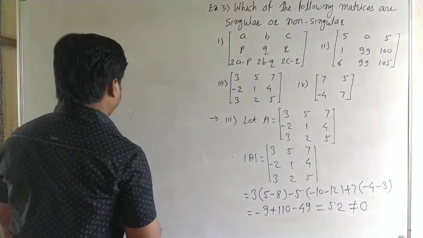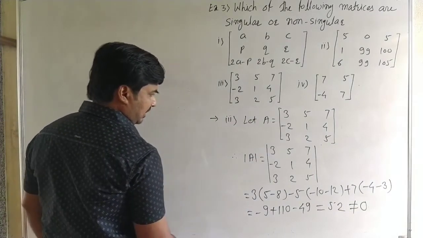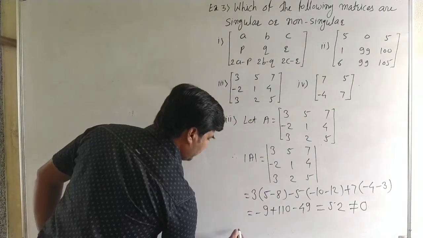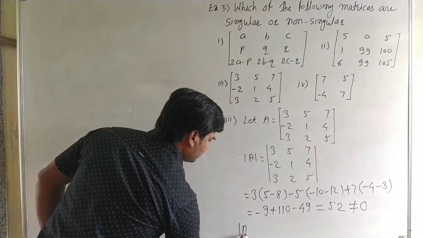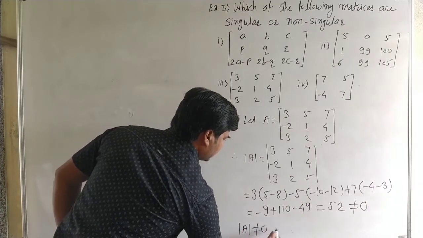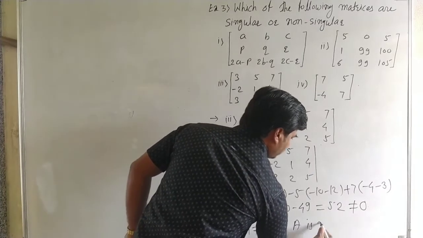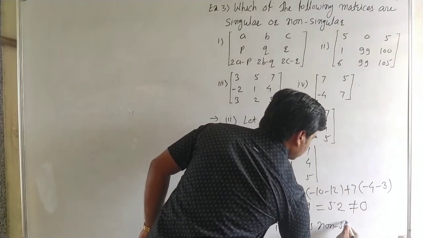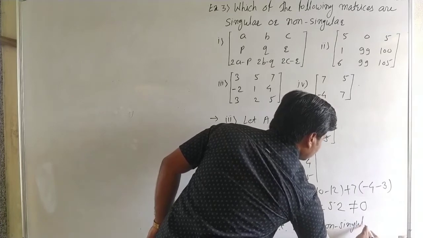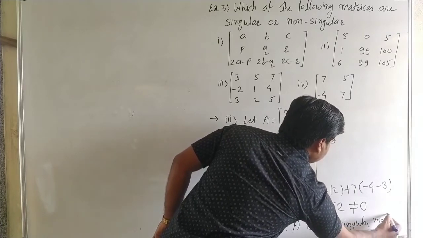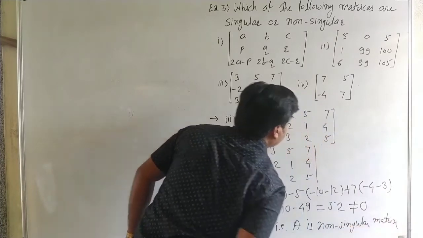Therefore determinant of A is not equal to 0, that is, A is non-singular. A is a non-singular matrix.